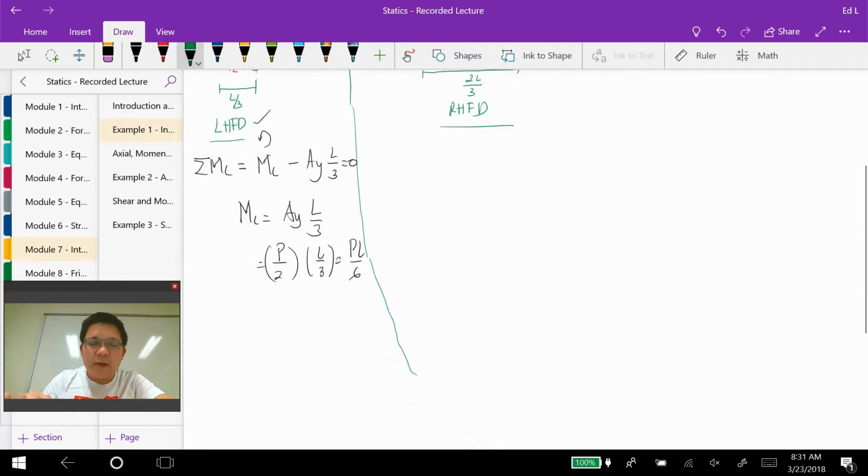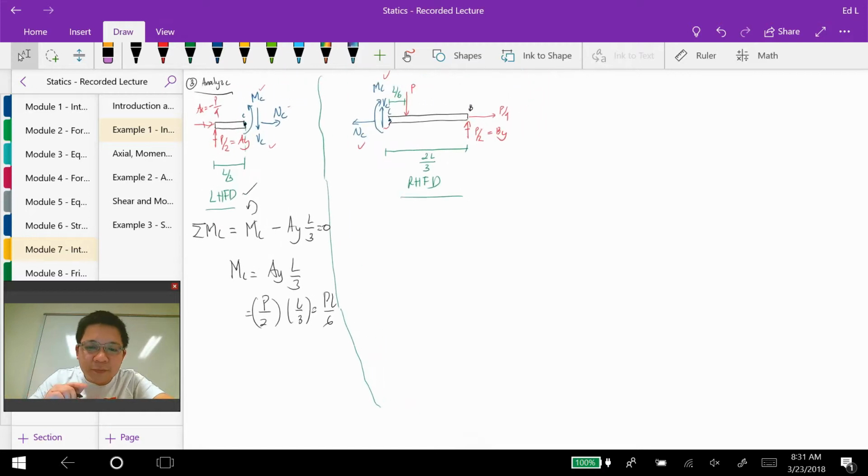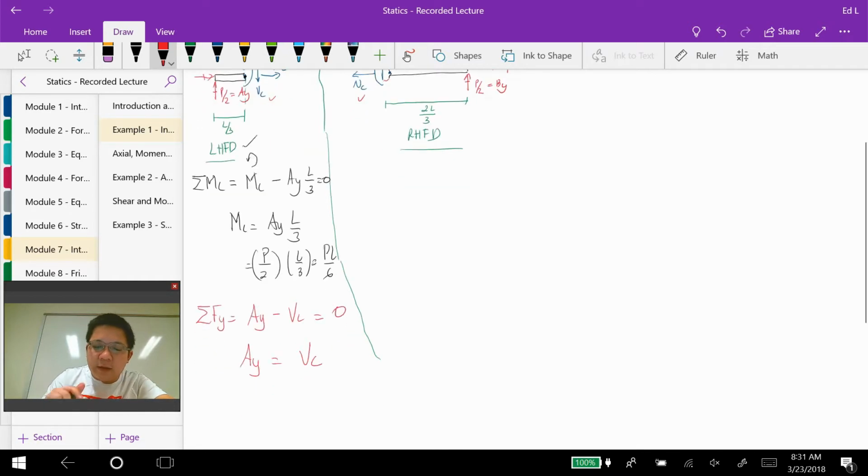And then we can continue with the sum of the forces in the Y direction. I have AY minus VC equals 0. So my AY is equal to VC. In other words, my VC is equal to AY, which is P over 2.